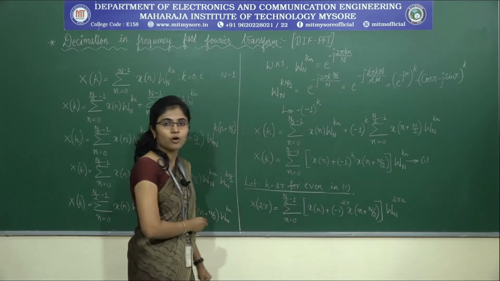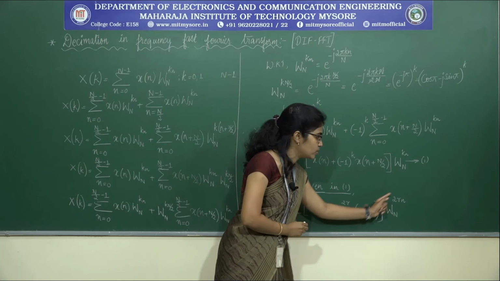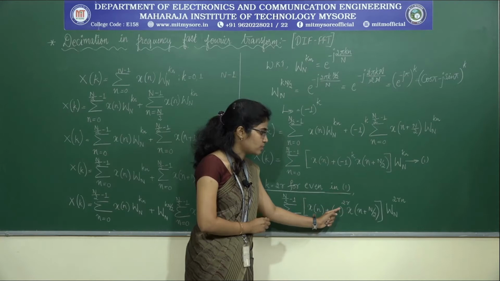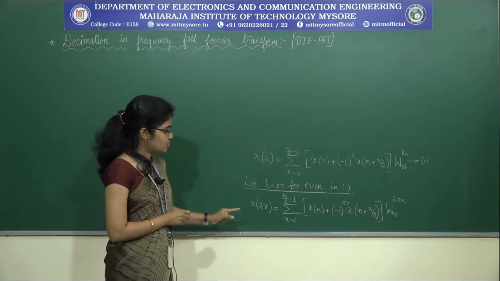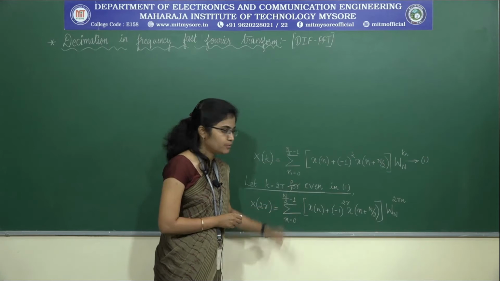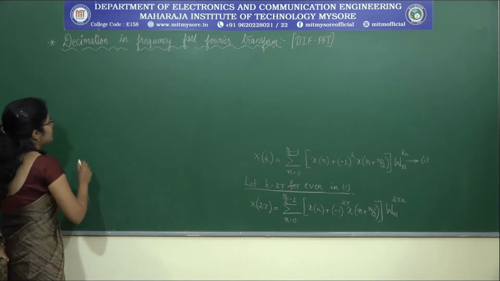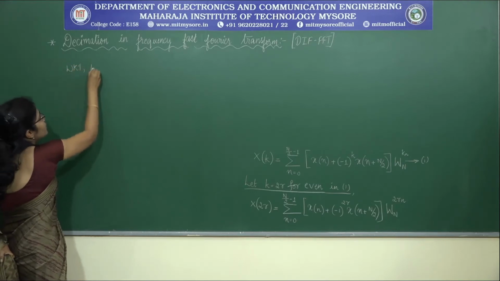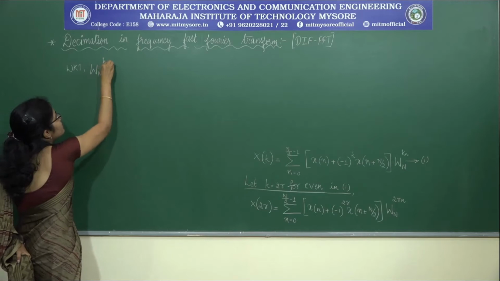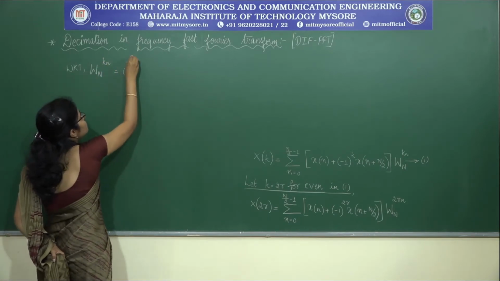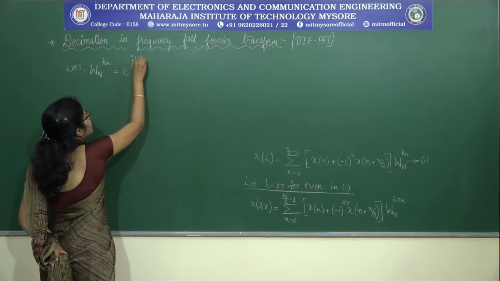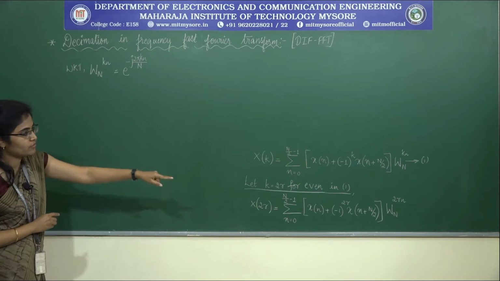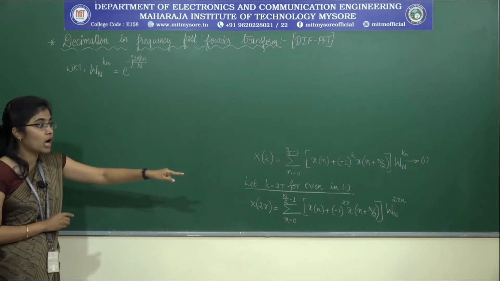Okay. So in the next step, let us simplify this twiddle factor and rewrite it, and let us see what happens to this minus 1 to the power of 2r term. Now I got this equation, let me try to simplify this one. We know that omega n to the power of kn is equal to e power minus j 2 pi kn by n. So instead of kn we have omega n to the power of 2rn.